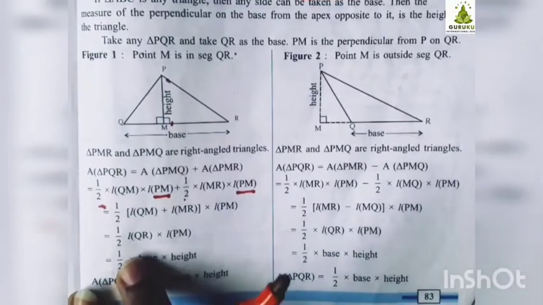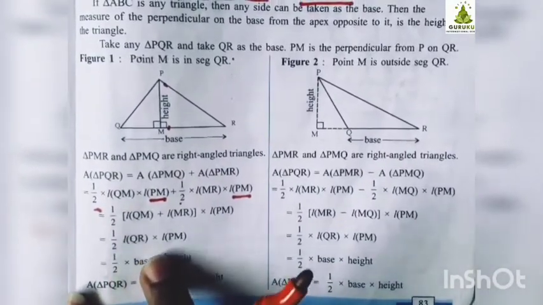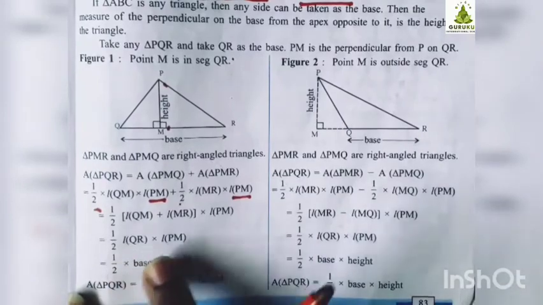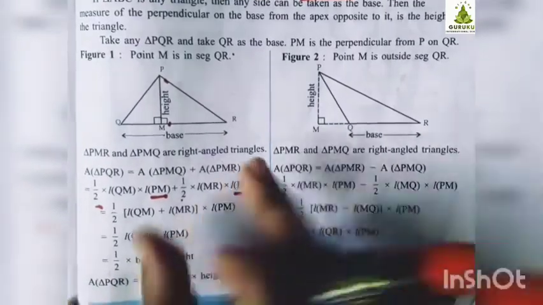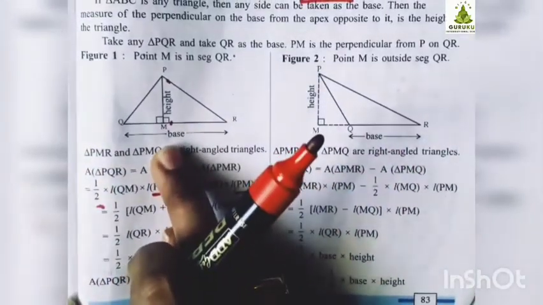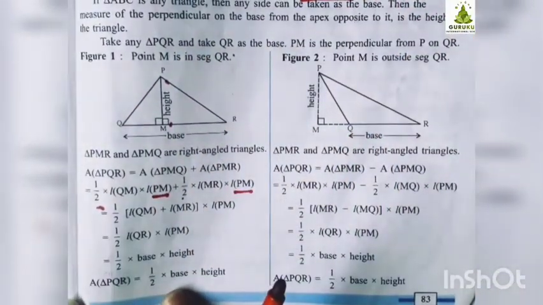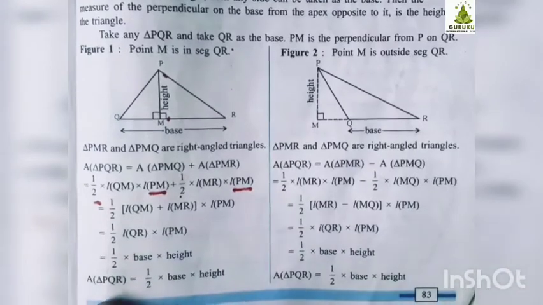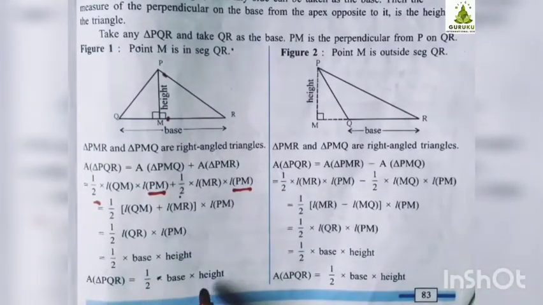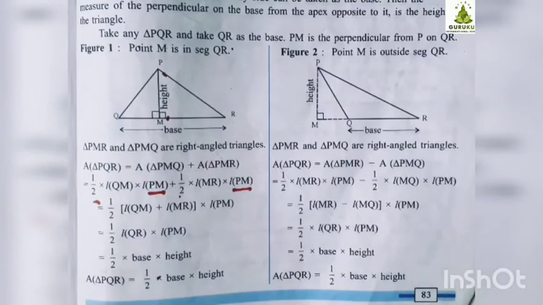Half multiplied by length QR into length PM. So QR is what? Base. PM is what? Height. So the formula becomes: area of triangle PQR is equal to half into base into height. So this is how this formula is derived.